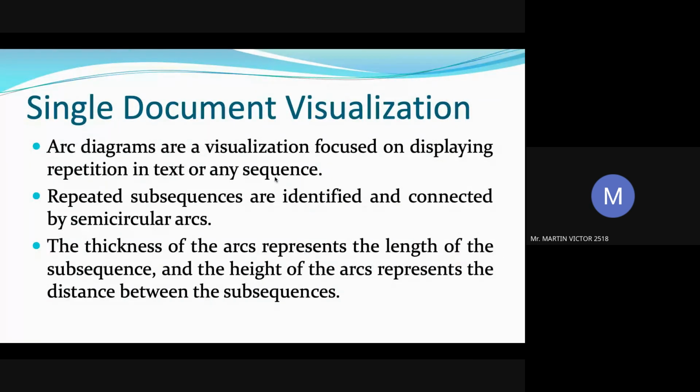So there is a difference between text arc and arc diagrams. Arc diagram is also another form of text-based visualization, again displaying the repetition in a text or any sequence. Repeated sequences and subsequences are identified and connected by semicircular arcs.